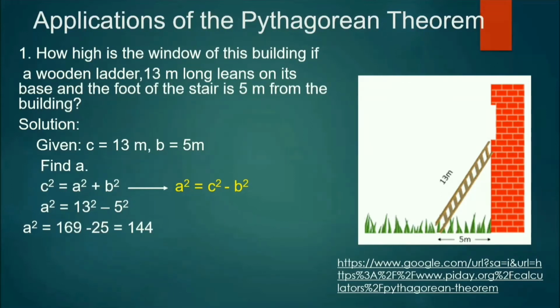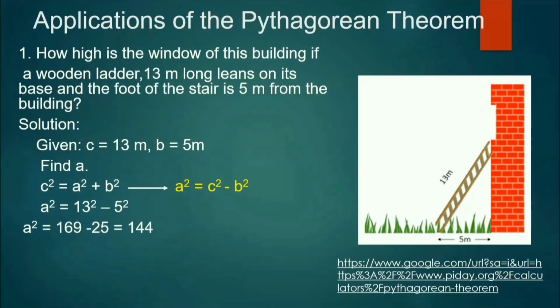Number 1, how high is the window of this building if a wooden ladder 13 meters long leans on its base and the foot of the stair is 5 meters from the building? Solution.